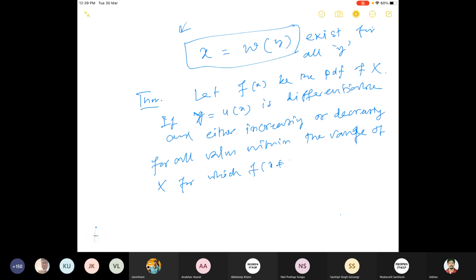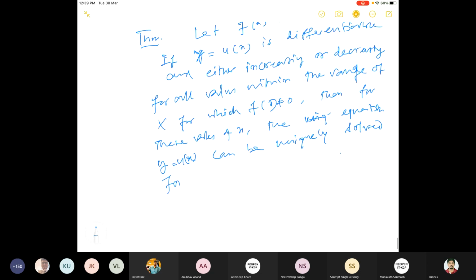Then for these values of x, the equation y equal to u(x) can be uniquely solved for x, to give x equal to w, a function of y, and for the corresponding y, the PDF of y is given by the following function.